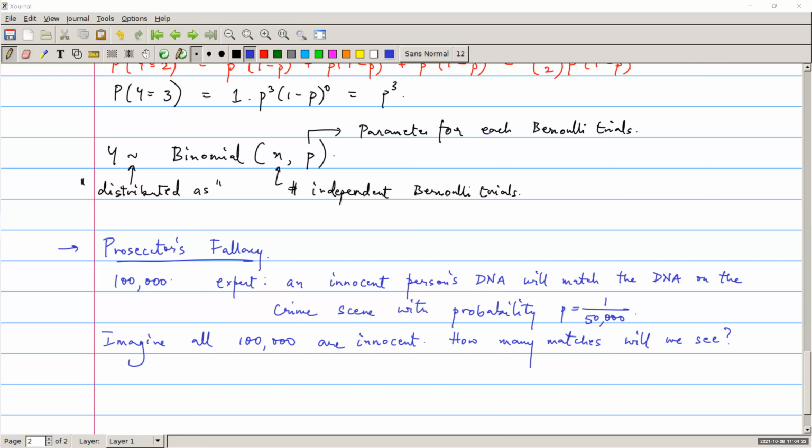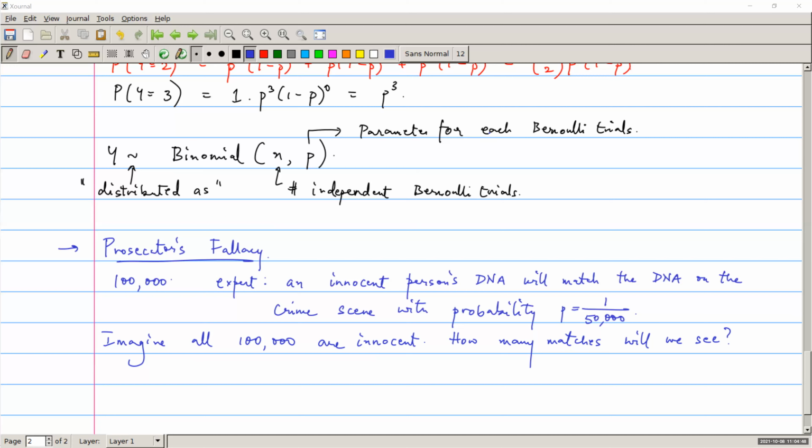By the statement of this test, it is completely possible, just not very probable, that all 100,000 people may match the DNA on the crime scene. Sorry, it's completely possible that that may happen.